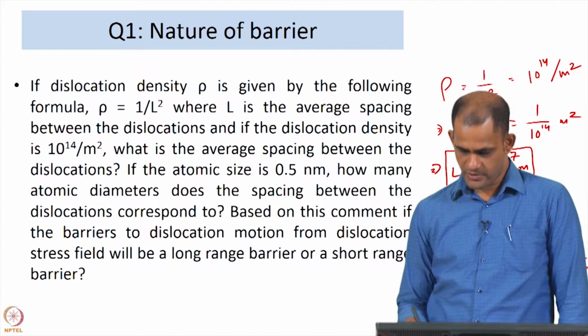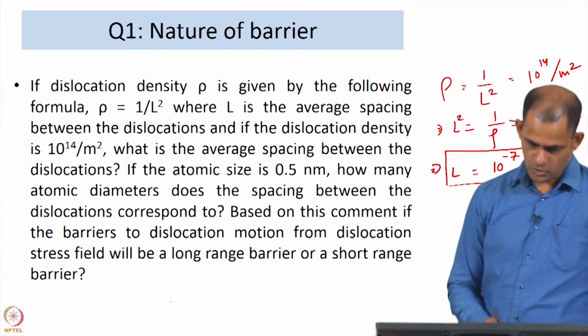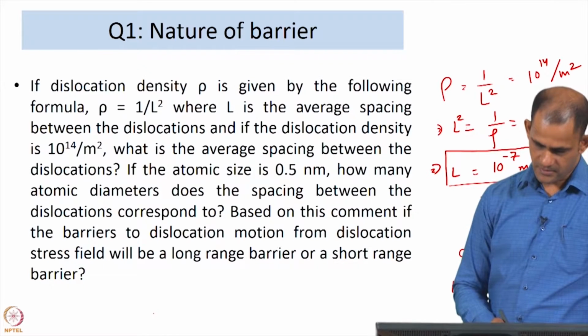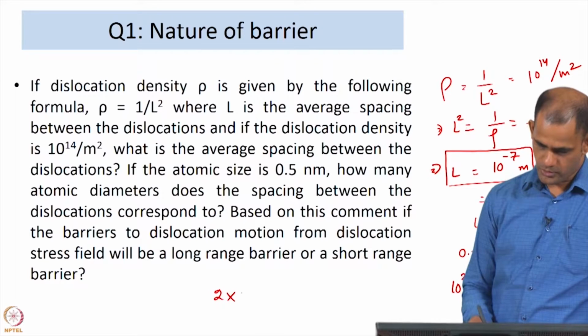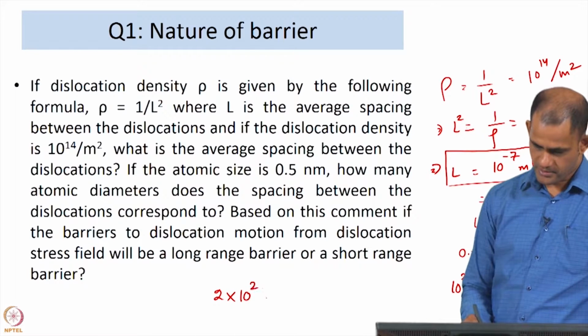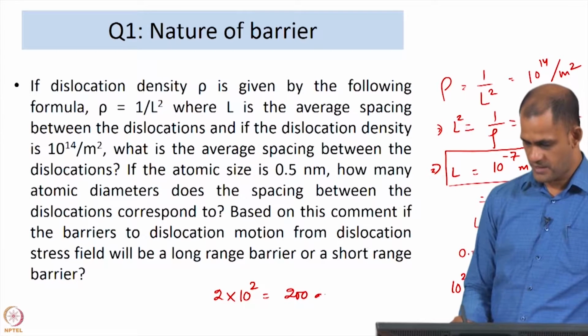So, 10 to the power 2 nanometers will correspond to 1 by 0.5 into 10 to the power 2, that is equal to 2 into 10 to the power 2 atomic diameters. So, the average spacing between the dislocations approximately corresponds to 2 into 10 to the power 2, which is 200 atomic diameters.